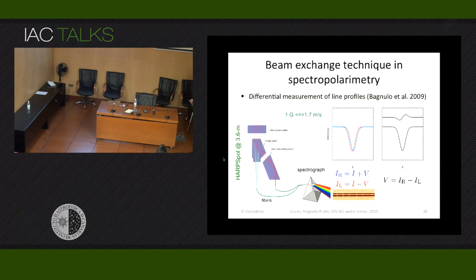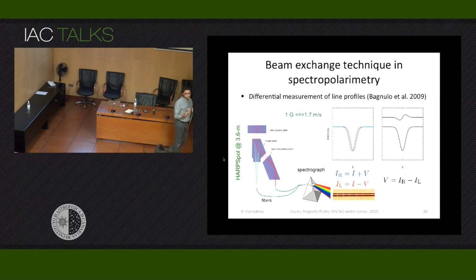Remember that in order to measure very low magnetic fields, we really need to achieve very high precision differential measurement of these two spectra. For instance, 1 Gauss, and this is our aim, corresponds to something of the order of 2 meters per second in velocity shift.